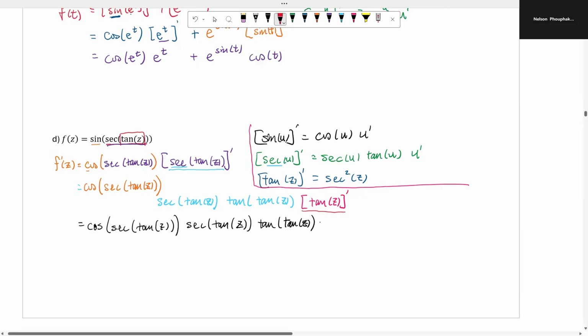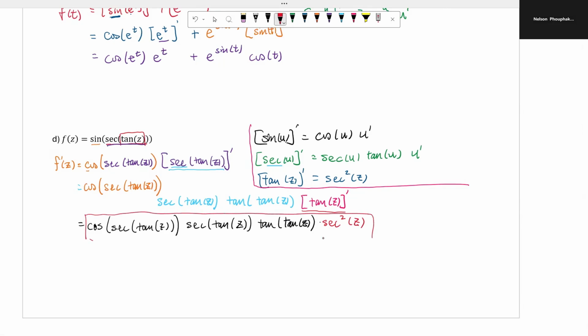So I will have secant squared z. So this is my f prime of z.